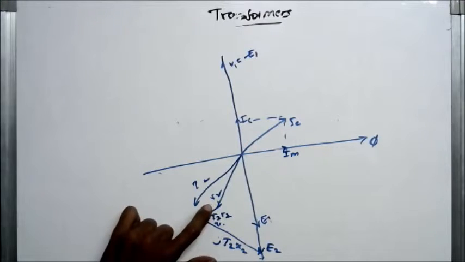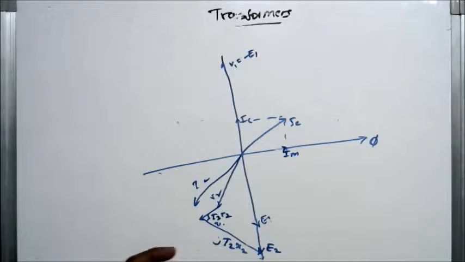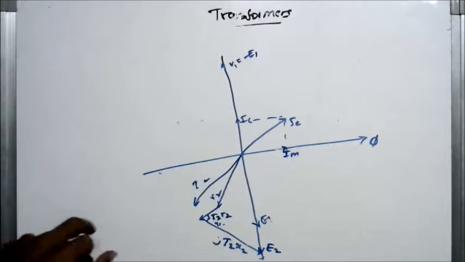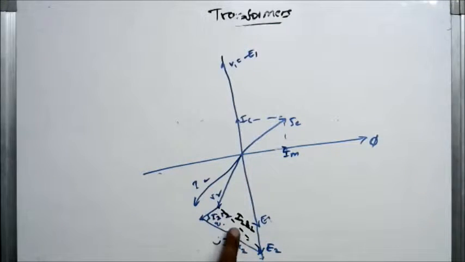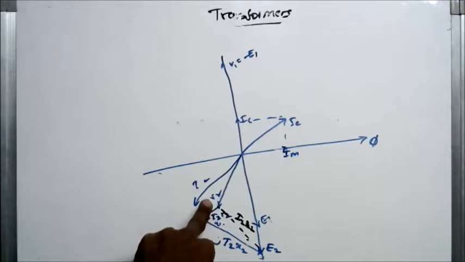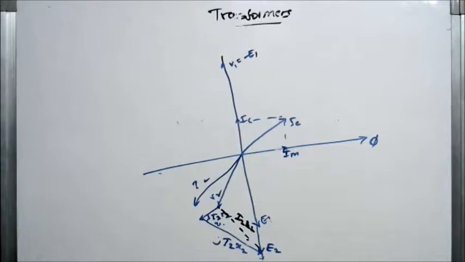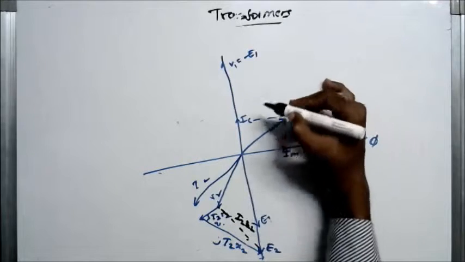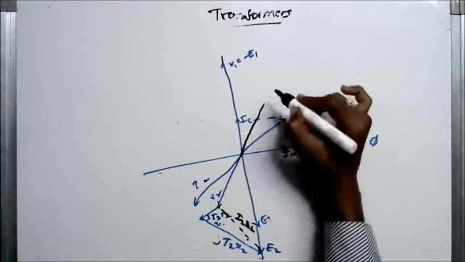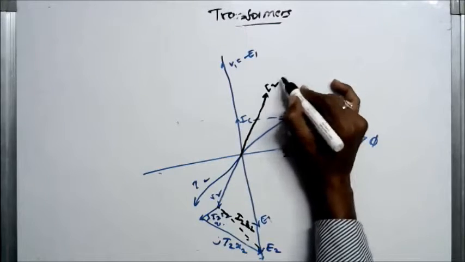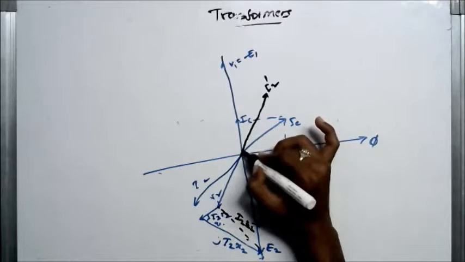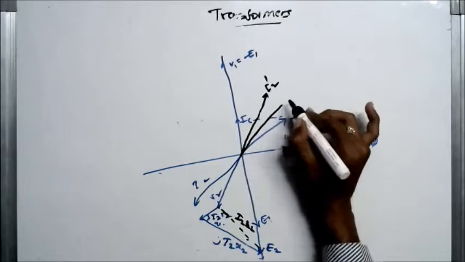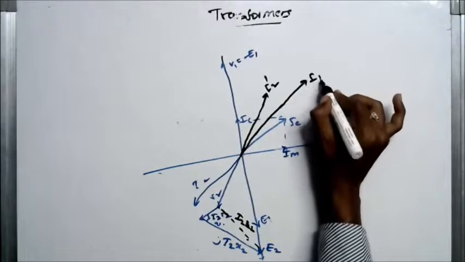See here, the V2 is not in phase with E2 because of this leakage impedance I2 Z2. Referring I2 to the primary, the phasor sum of I2 dash and IE gives I1.